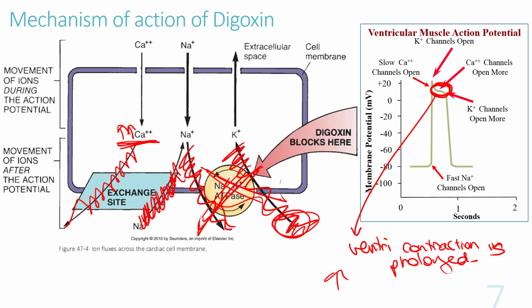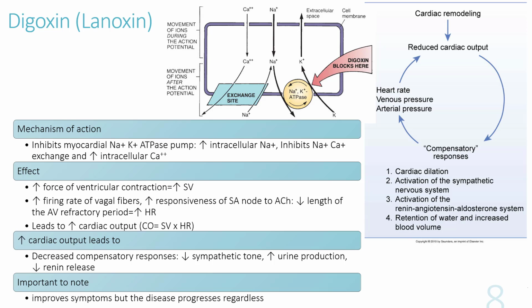So it increases the amount of blood that leaves the heart, so it improves perfusion, and that alleviates the symptoms of heart failure. All right, so again, I've got it over here.